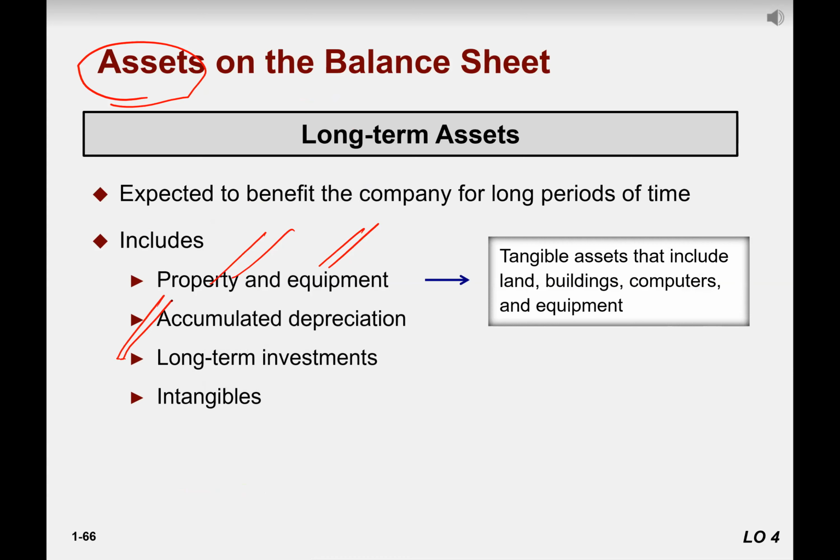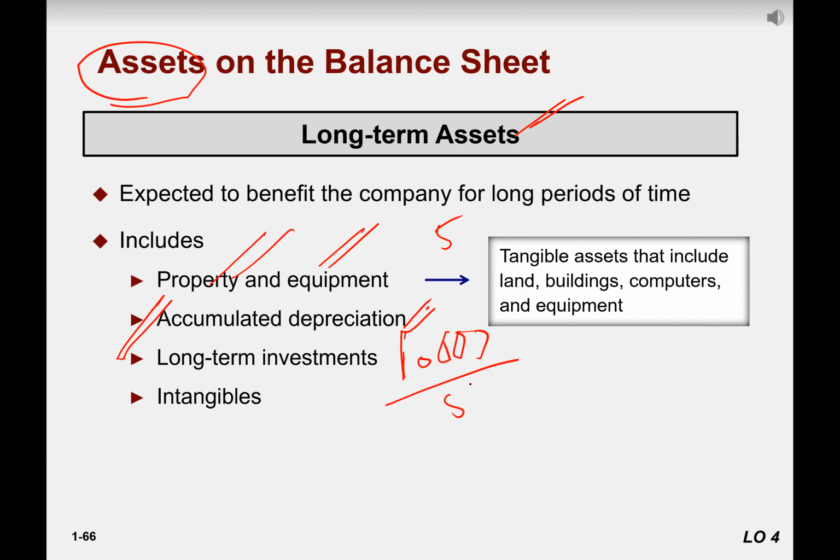Accumulated depreciation. That is the concept we will talk about. If you don't understand right now, don't worry about that, because we will have a whole chapter when we talk about the treatment of fixed assets or long-term assets. There, we will be talking heavily regarding accumulated depreciation, which means, for example, if you bought a vehicle or truck for your company and the cost is $10,000 and you are going to use that for 5 years.